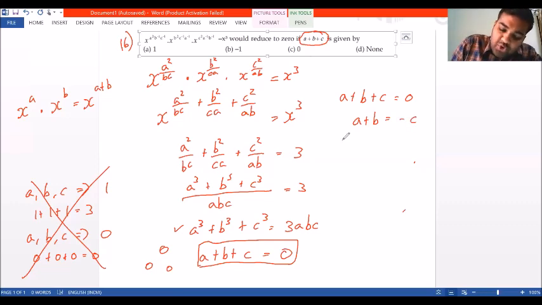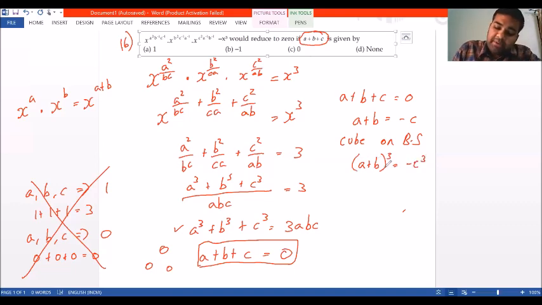I'm going to cube on both sides. A plus B the whole cube is equal to minus C cube. What is A plus B the whole cube? A cube plus B cube plus 3AB into A plus B is equal to minus C cube.